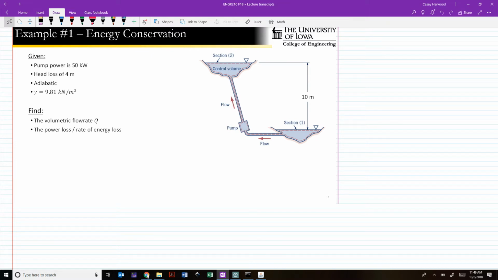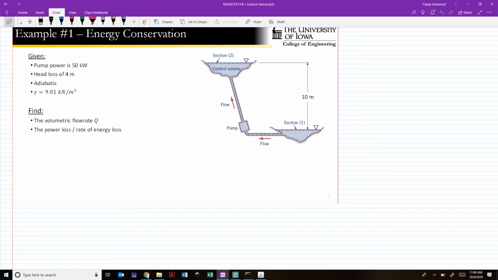Probably the one that requires the least work on our part would be the fourth one here, because we're given a head loss, right, in meters. We're given an elevation change, so we know Z1, Z2. We know P1, P2, because they're both atmospheric at both points in the pool, right?